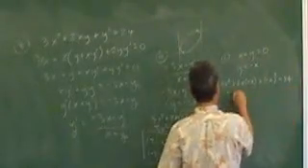Plug it in. 3x squared plus 2xy plus y squared equals 24. 3x squared minus 2x squared plus x squared equals 24. 2x squared equals 24. x squared equals 12. x equals plus or minus root 12.